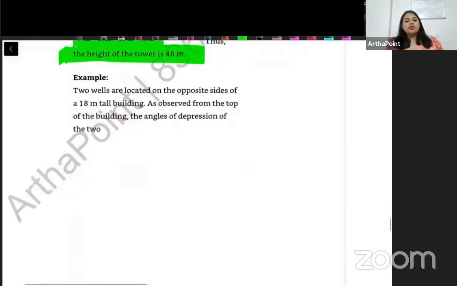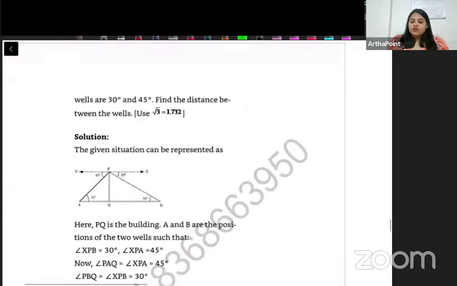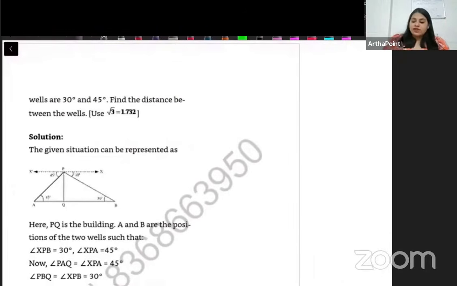Okay, let us take one more question now. Two wells are located on the opposite sides of an 18-meter tall building. An observer from the top of the building sees the angles of depression of the two wells as 30 and 45 degrees. So beta, this is the building.